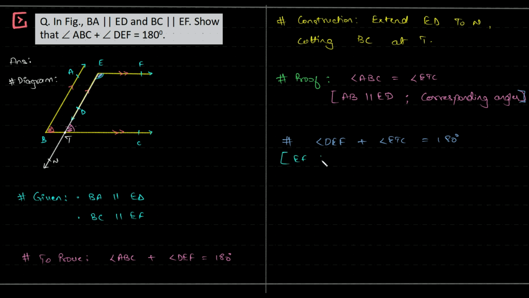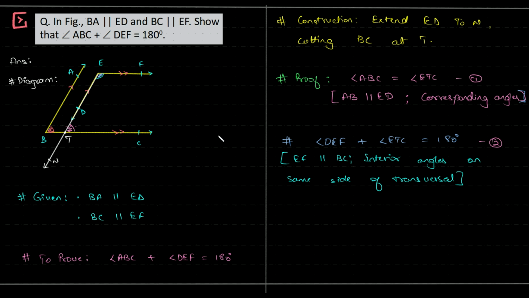So EF is parallel to BC, and those two are interior angles on the same side of the transversal.